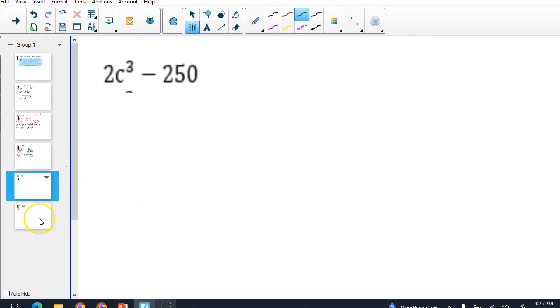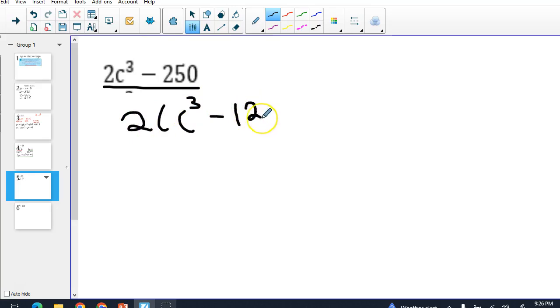Alright, let's look at another one. So the difference here, which you guys have seen with greatest common factors before, we notice 2 goes into 2c cubed and into 250. So, let's divide it out. So we bring out the 2, we're left with c cubed minus 125.